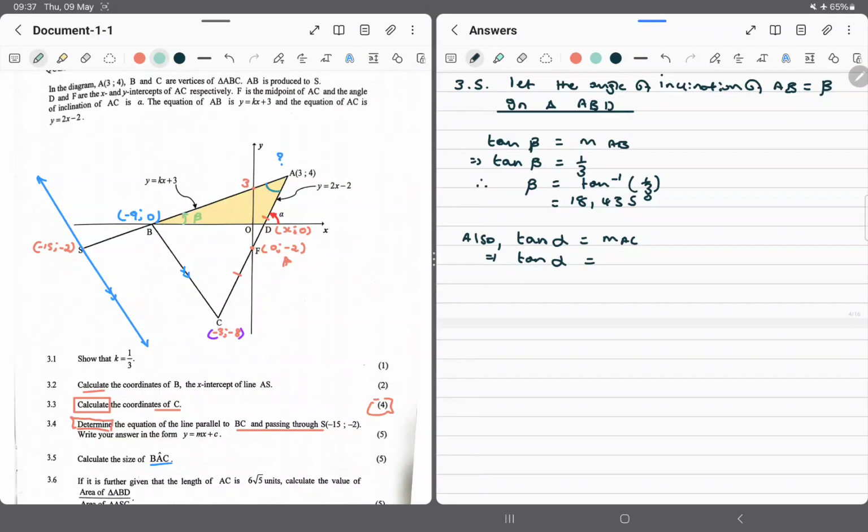It was volunteered that this is an angle of inclination of AC, and we see that that gradient is 2. Therefore, our alpha is going to be the inverse tan of that angle. Let's go shift tan of 2.